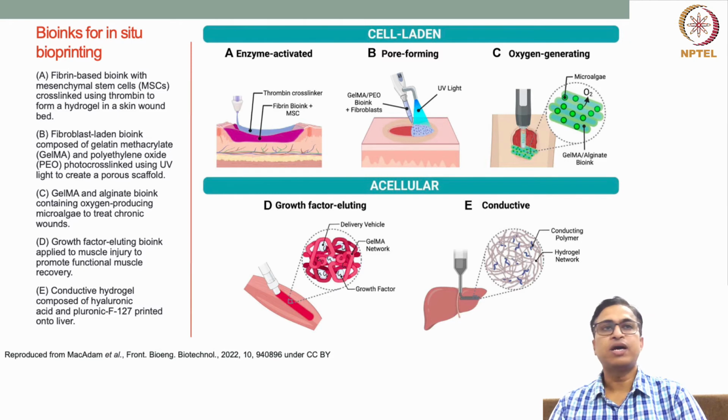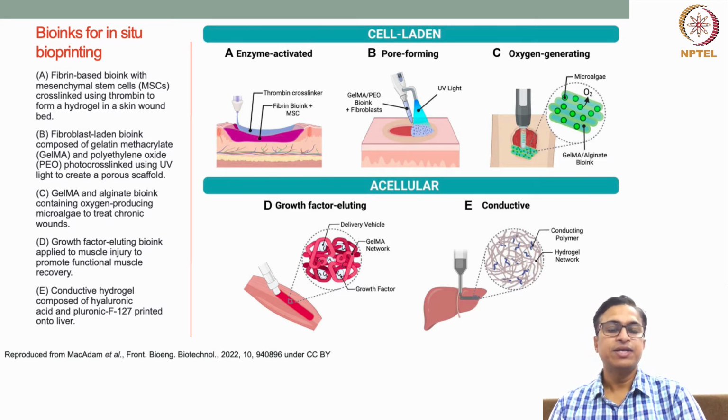And this type of bioinks can be used by extrusion based or inkjet based or even laser assisted bioprinting, where we need to just consider what is the material, what is your substrate, and what is the enzyme that initiates this cross-linking mechanism.